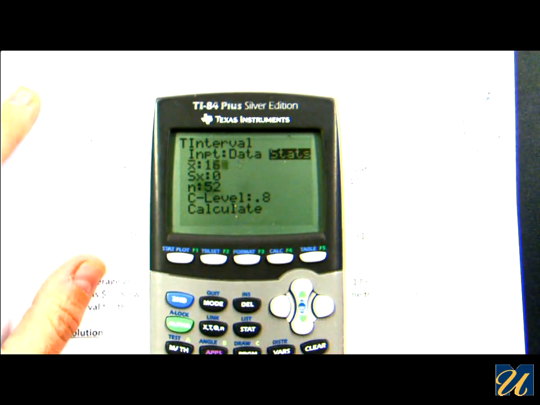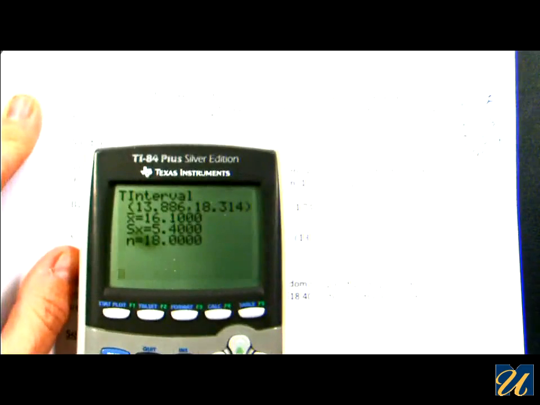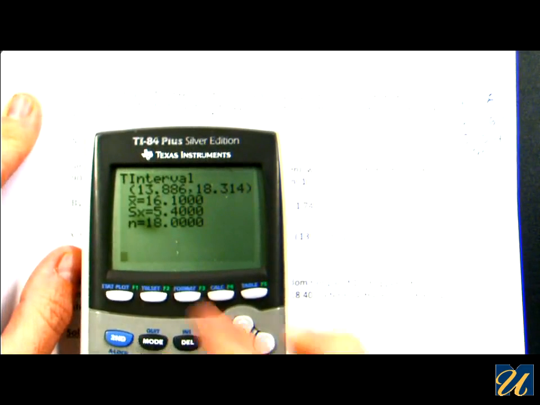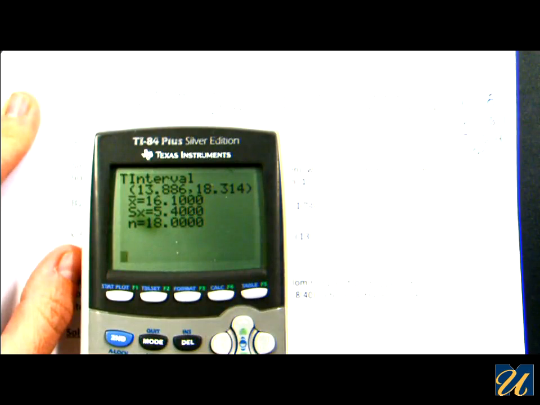X bar 16.1, S is equal to 5.4, N is 18, confidence level 0.9. Calculate and enter. And there you have the two, from 13.886 to 18.314.